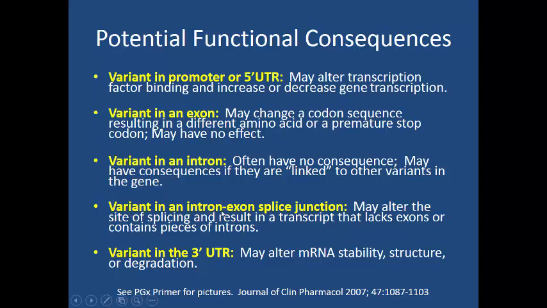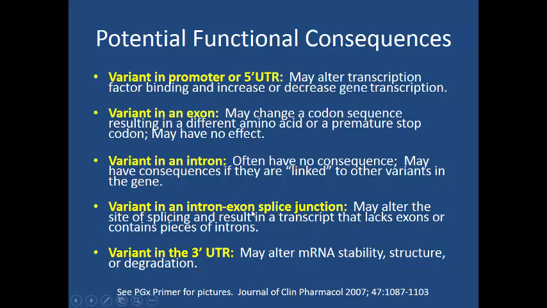Variants can also occur in the intron-exon splice junction, and that may alter the splicing of the transcript. So in those intron-exon splice junctions, you have specific sequences that a spliceosome recognizes. If that sequence is altered because of a genetic variant, it might alter how the transcript is spliced, and that might result in a transcript that lacks exons or maybe even contains pieces of introns.